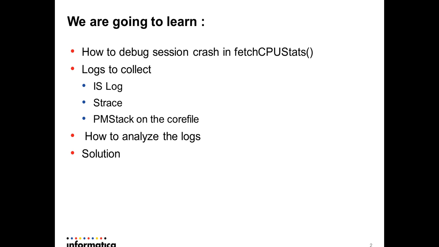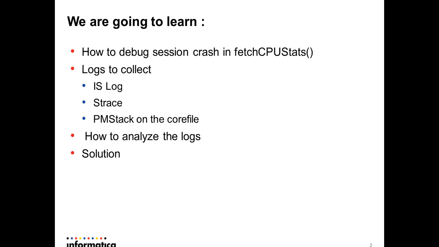Typically in an enterprise application, in a PowerCenter setup, the Integration Service will be running on a grid on multiple nodes, and when the workflow is scheduled, the session sometimes crashes, won't come up, and generates a core.